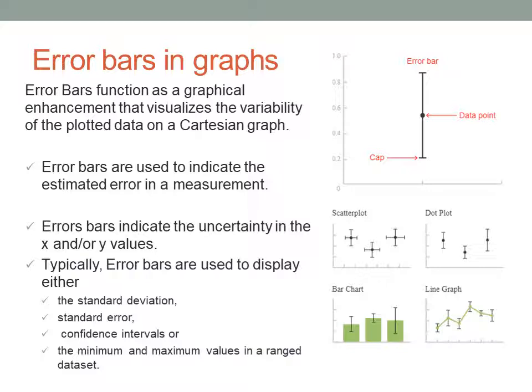You have the data point, and the error bar indicates the estimated error of this measurement. If it is a dot plot, you put it only in the y direction. If there is an error in both x and y directions, you can put the error bars in both the x direction and y direction in a scatter plot.